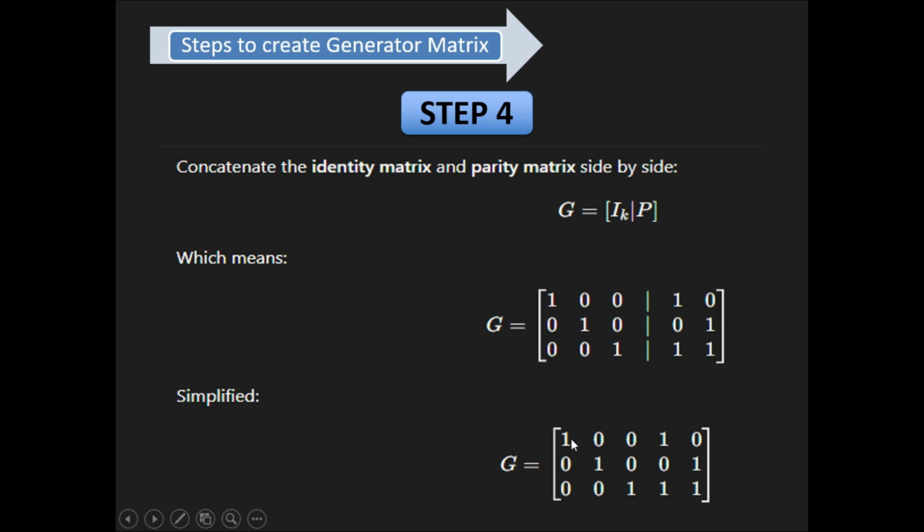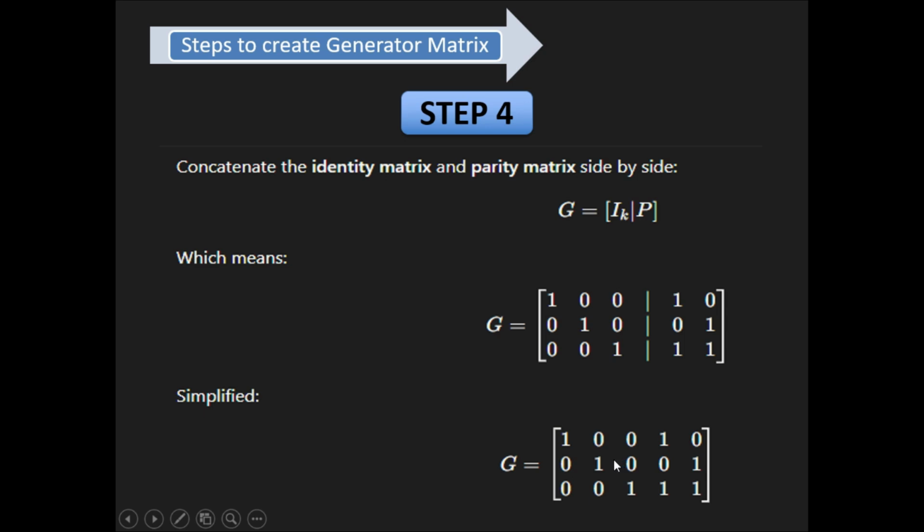Why 5? Because the 5 columns define the code word. There are 5 columns in total, and out of these 5, 3 is the identity matrix, which is the length of the message bits.